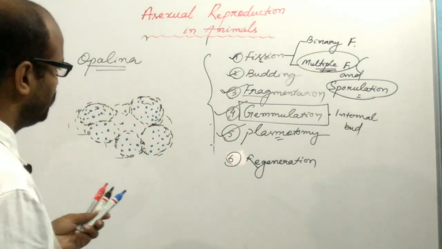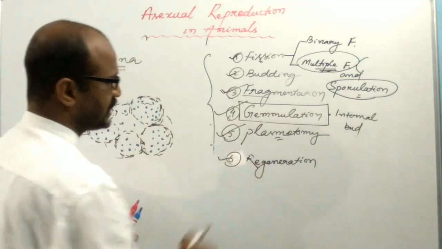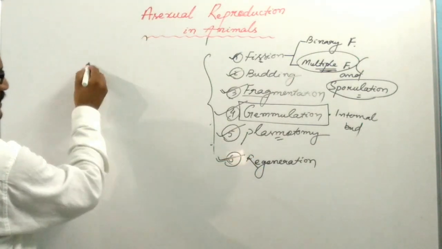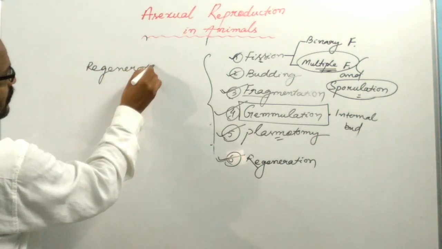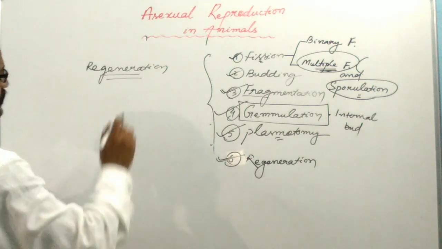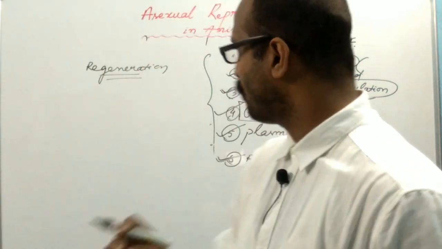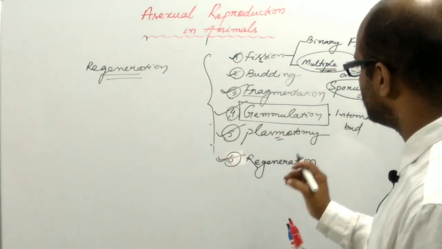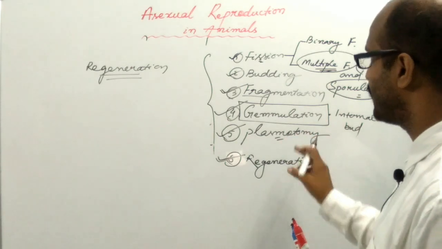Now come to another type of asexual reproduction, that is regeneration. The regeneration process is very similar to the fragmentation process. The injured part or the lost part of the body is formed by the division of some special cells, for example neoblasts in case of planaria.